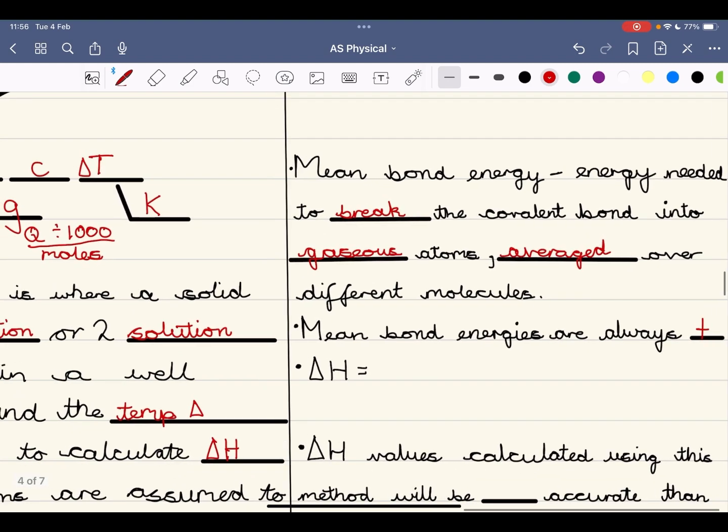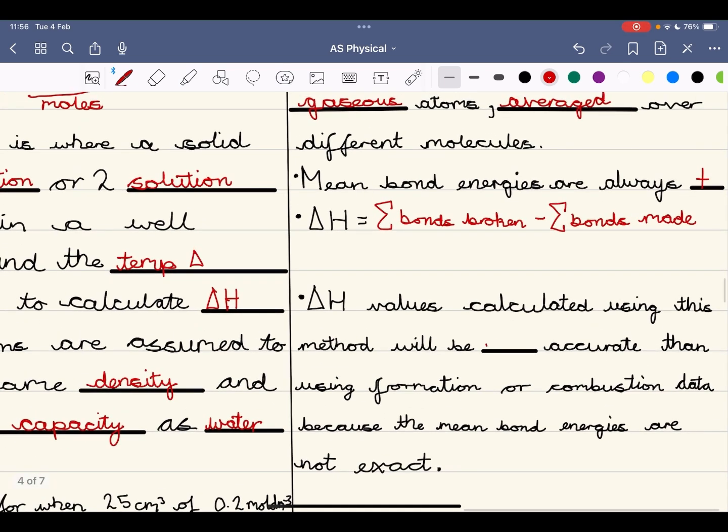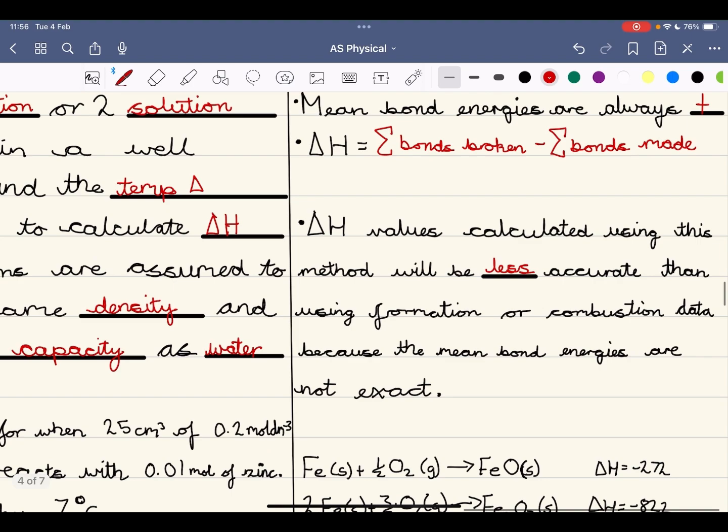If you want to work out the enthalpy change from the mean bond energies, we do the sum of the bonds broken minus the sum of the bonds made. Enthalpy change values calculated using this method will be less accurate than using formation or combustion data because mean bond energies are not exact.